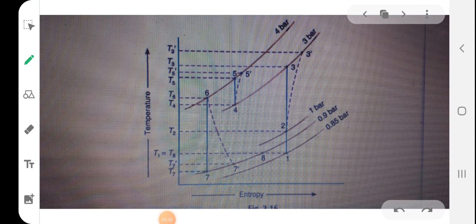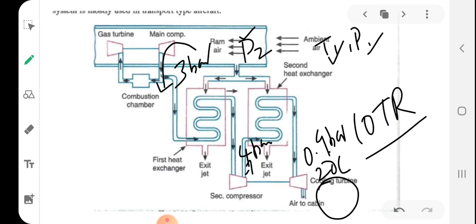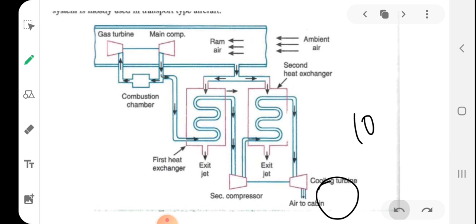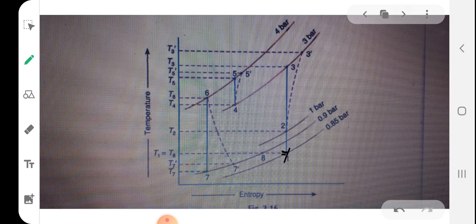So students, this is the TS diagram. Here our ambient temperature and pressure is 0.85 bar, so this is the first point, the ambient point. The air from outside comes. I will show you along with this figure itself. So here T1 and P1 are there, and this is 0.85 bar corresponding to T1.